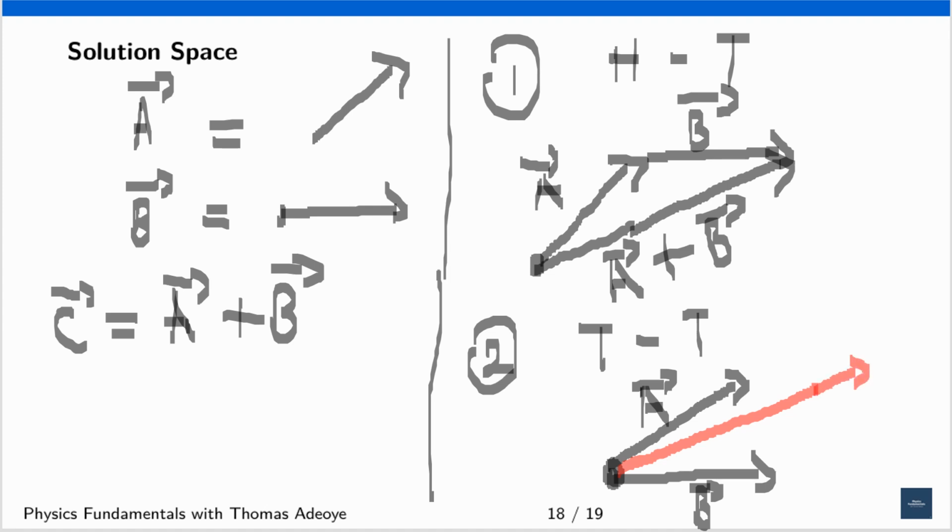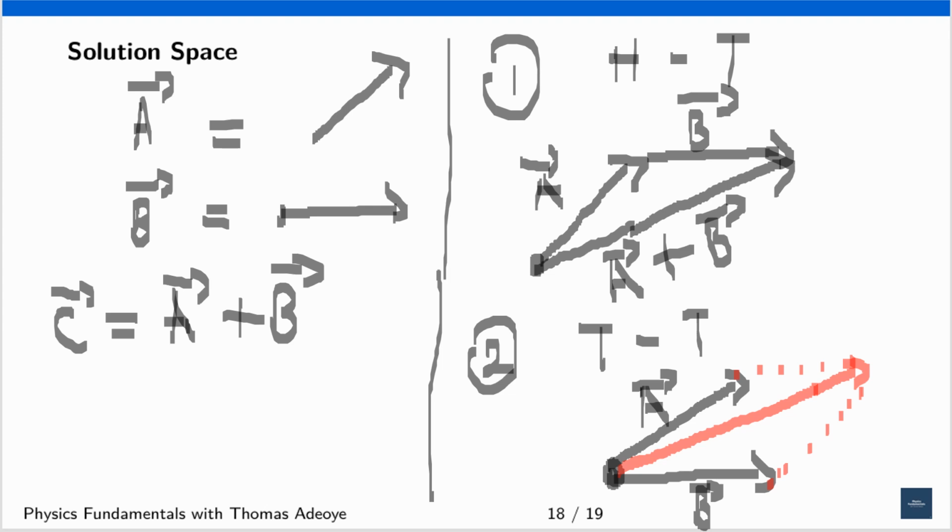Then this line is also the one that is here, and this one is also what we have here, and this makes a parallelogram with this guy as the resultant, as the diagonal.